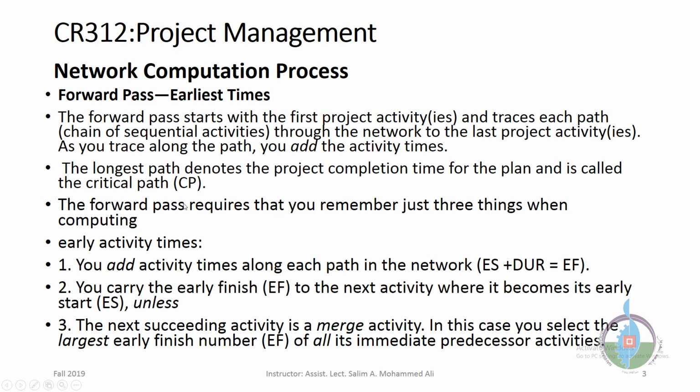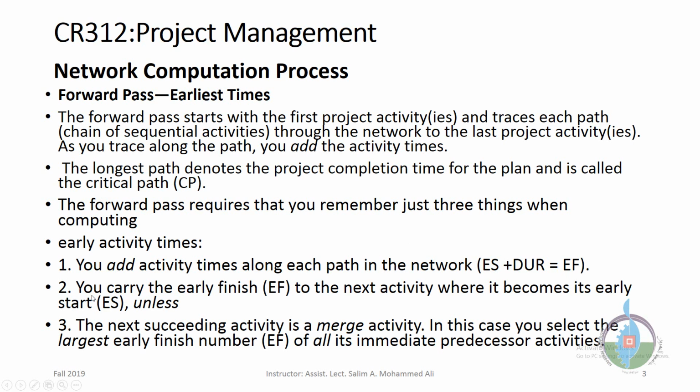The forward pass requires that you remember just 3 things when you are computing early activity times. You add activity times along each path in the network, calculated as early start plus the duration of that activity, and you will find the early finish for this activity.